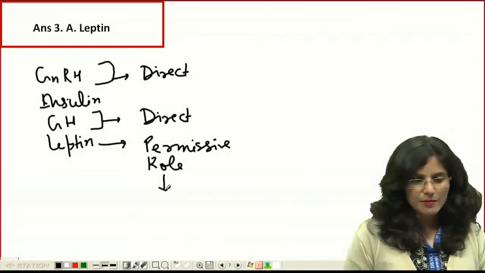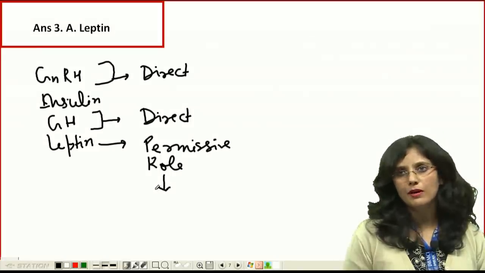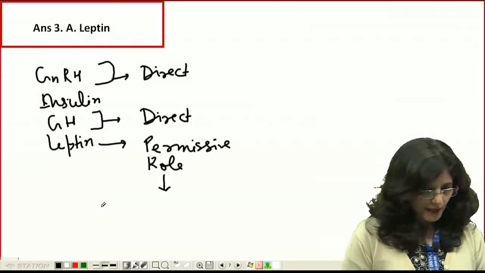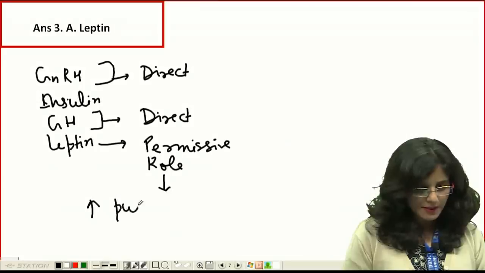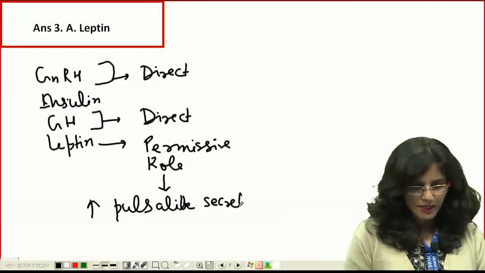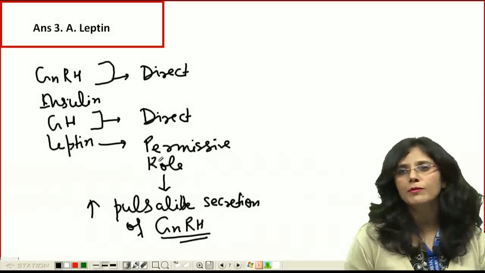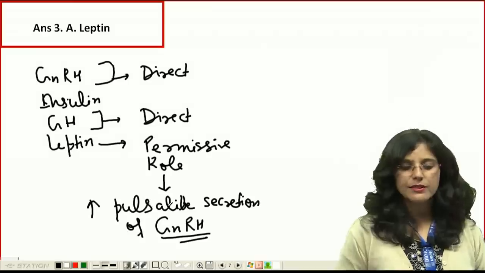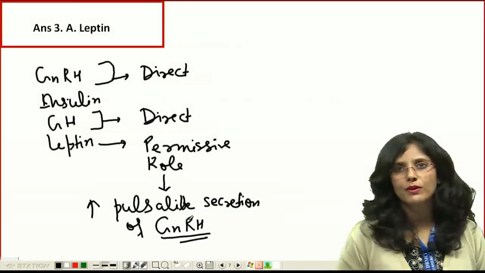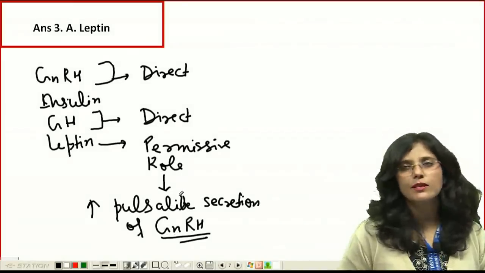It helps in puberty by increasing the pulsatile secretion or pulsatile release of gonadotropin releasing hormone. So it causes a permissive action, it increases the pulsatile secretion of gonadotropin releasing hormone and helps in puberty.